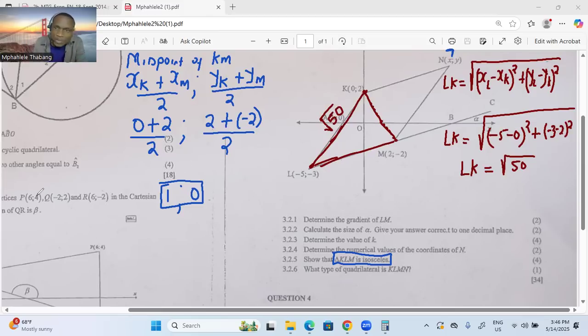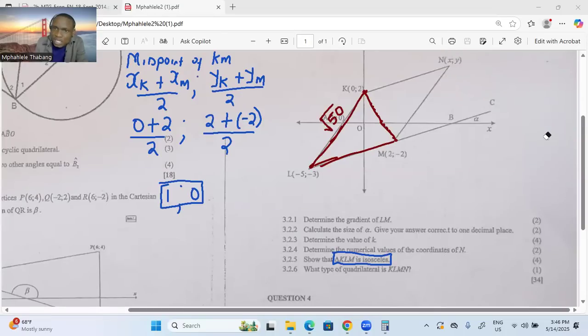Now I have to find the distance of LM using the distance formula. LM equals the square root of x at L minus x at M squared plus y at L minus y at M squared.